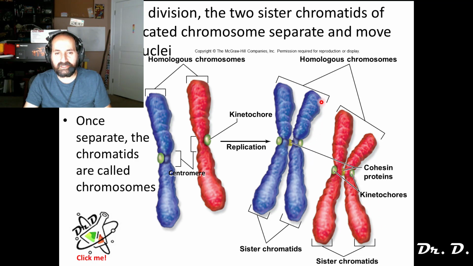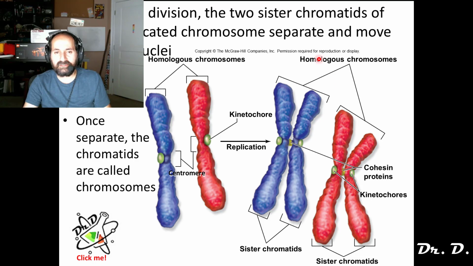Here's another thing you could say. You could say this pair of sister chromatids, you see these two blue ones, is homologous to this pair of sister chromatids. Did you figure that out? This pair of sister chromatids, these two chromosome 6s from dad, is homologous to this pair of sister chromatids, these two chromosome 6s from the mom.